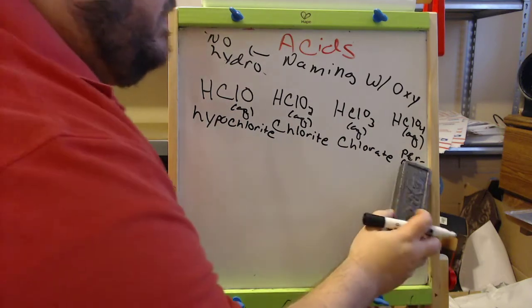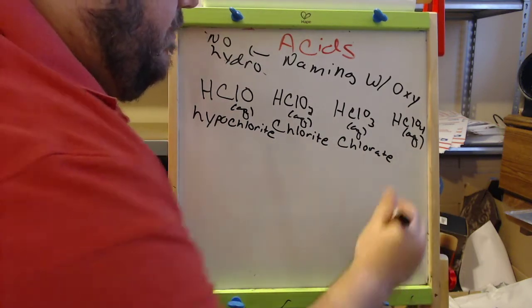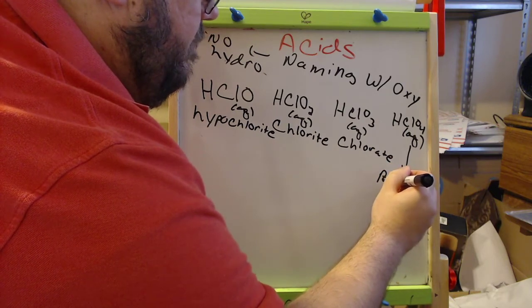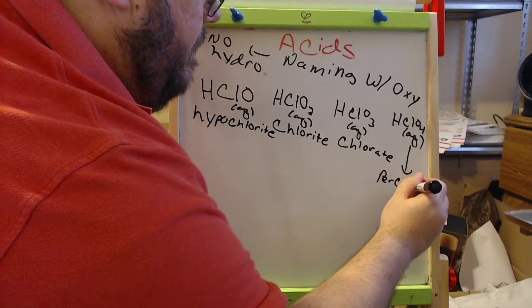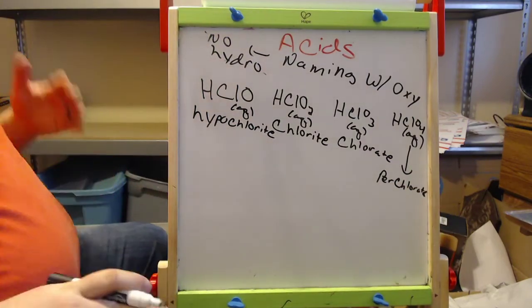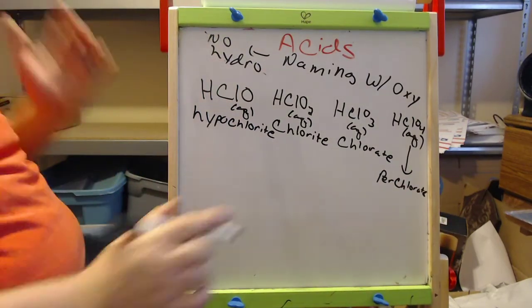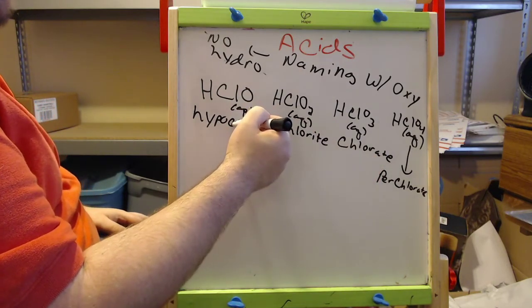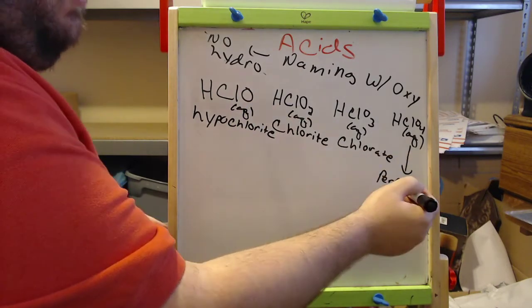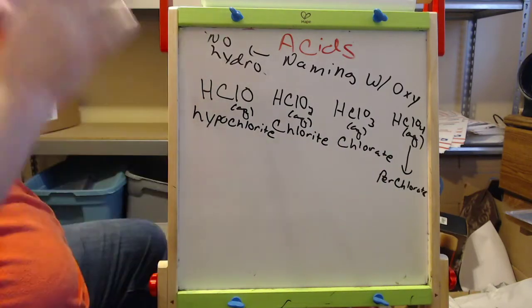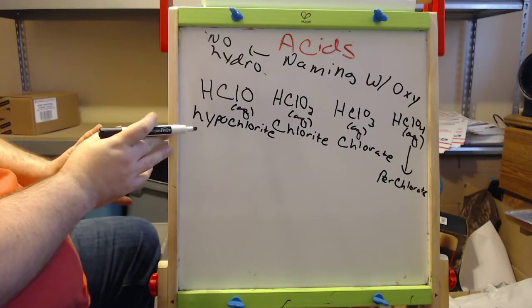Running out of board space here. I'll just write it down a little bit further. So I have chlorate, one less oxygen made it ite, another less makes it hypo-ite, one more makes it per-ate. If I remember that, then writing it as an acid, the rule remains the same.